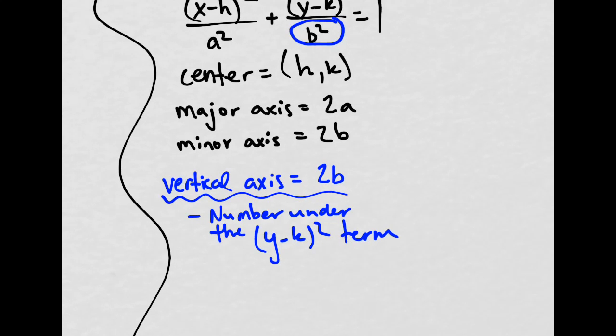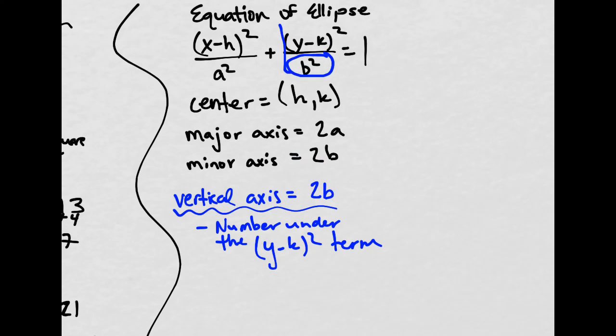That's going to be your vertical axis, whatever goes with the y, because y's are up and down, right? Does that make sense? The other one is going to be the horizontal axis.